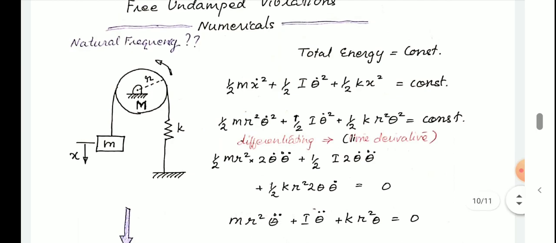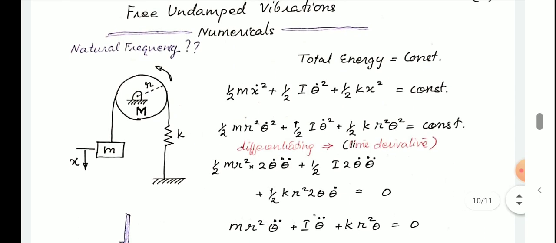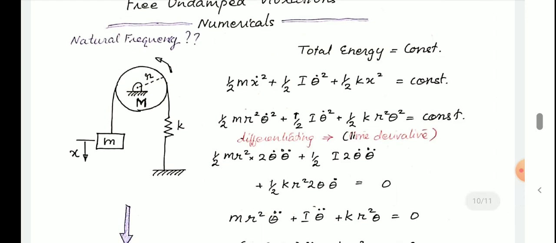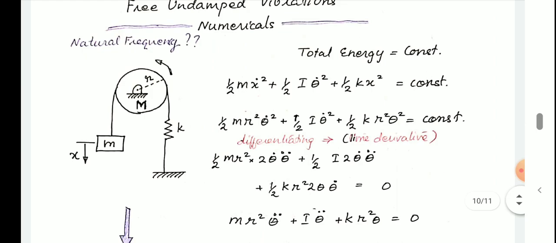Hence the second term is half into I into theta dot square. As the body is rotating, it is again associated with kinetic energy only. So totally the equation will become half into m x dot square plus half into I theta dot square plus half into k x square, which is equal to a constant.